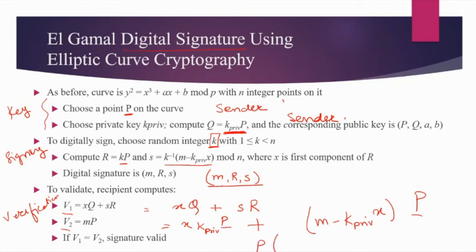If I take P common, we are left with X K private plus M minus K private times X. Okay. Now, these two entities cancelled and we remain with M times P. Okay. And we know M and P. So, if V1 matches with V2, we can say signature is validated. Okay. And this is how elliptic curve digital signatures work.